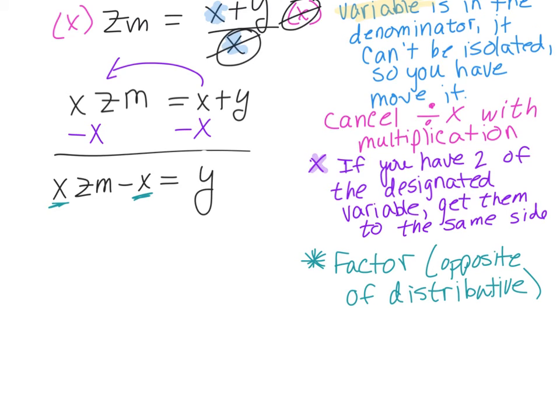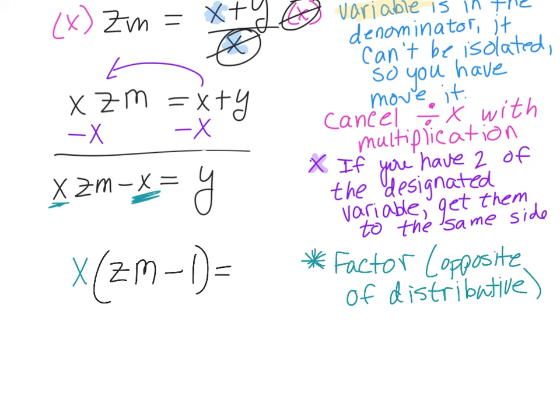So let me show you what that would look like. So you had an X times Z times M. If you factor, is what that's called, if you factor out the X, what do you have left over? You still have the Z and you still have the M. If you had just a single solitary X right here, but you factor it out, you pull it out, you are going to have a minus 1.